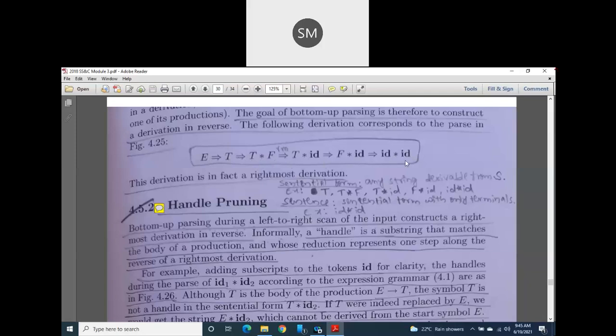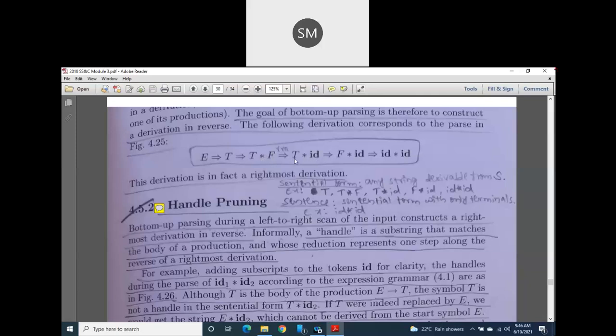T is deriving T star F, and again with a rightmost derivation I should not replace T, I should replace F. So T as it is I kept, star as it is I kept, and F I expanded to id.